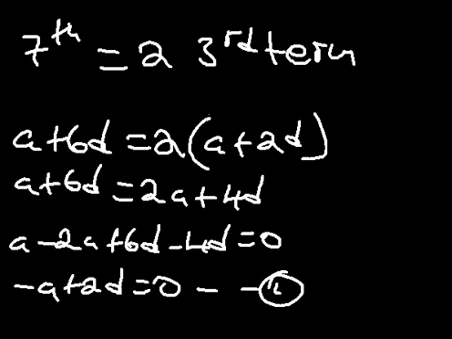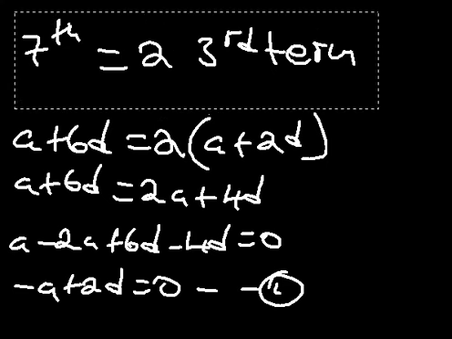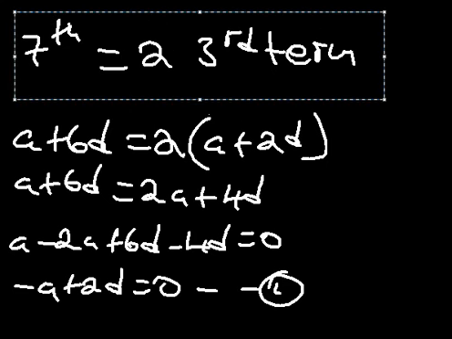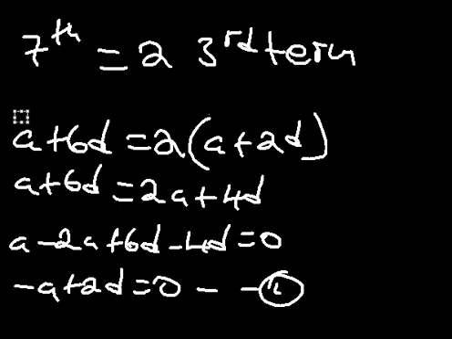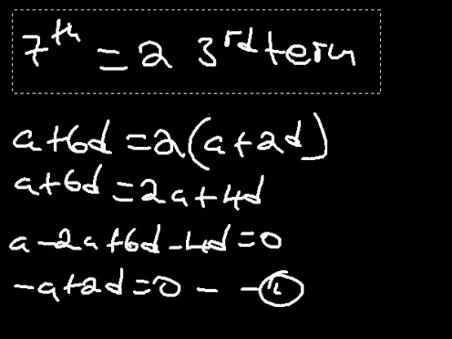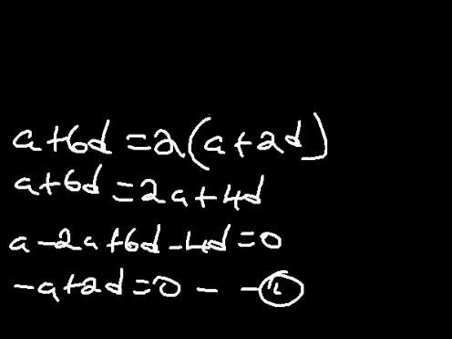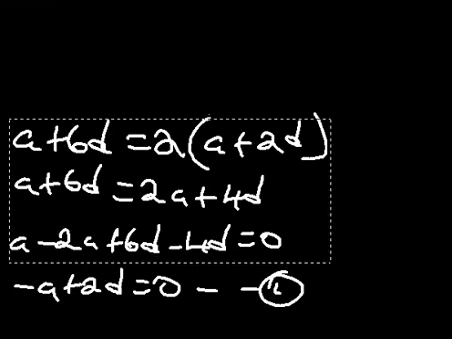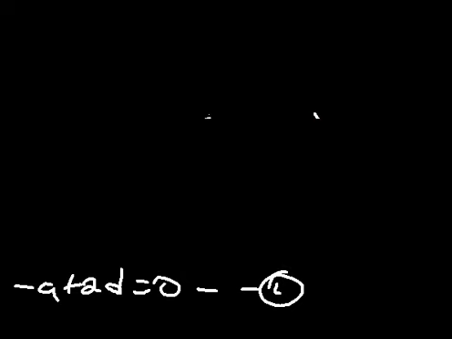Then I should interpret the other expression, which says that the 10th term is equal to 1/3 of the 15th term. So what is the formula for the 10th term?